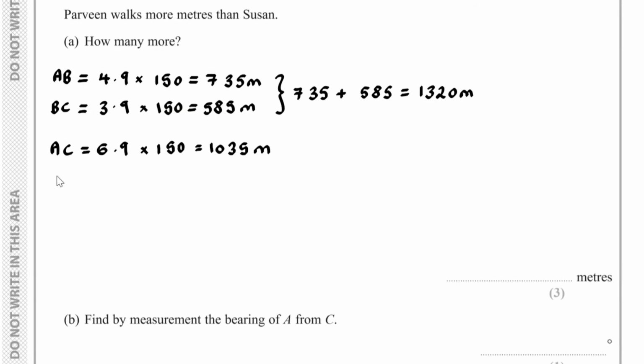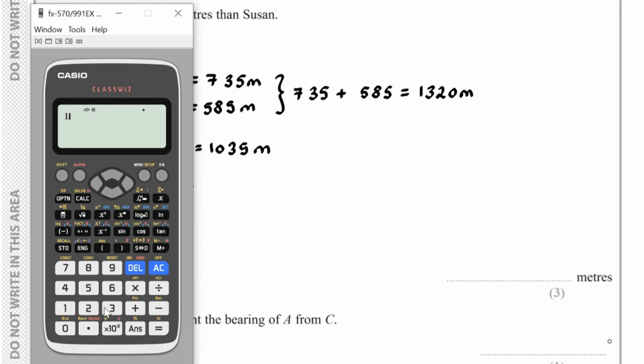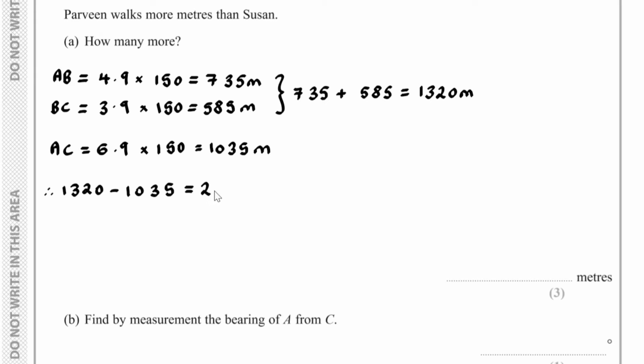So the difference between these is how much Parveen walks more than Susan. So we have 1,320 subtract 1,035. So if I work this out, we get 285. So we have 285 meters.